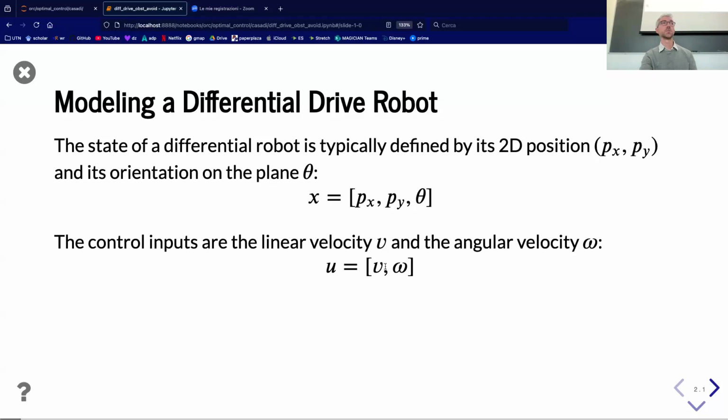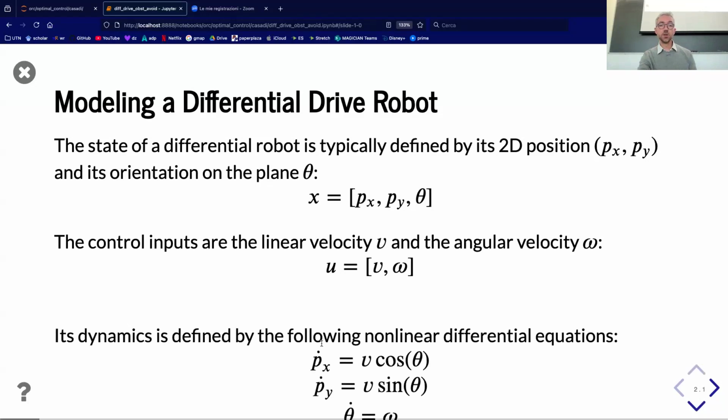So the system is underactuated because it has 3 degrees of freedom, but only 2 actuators. The thing that the robot cannot do is to move laterally. It can only move forward, or it can rotate, because it's a wheeled robot.